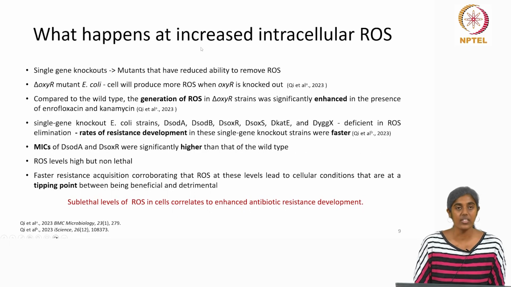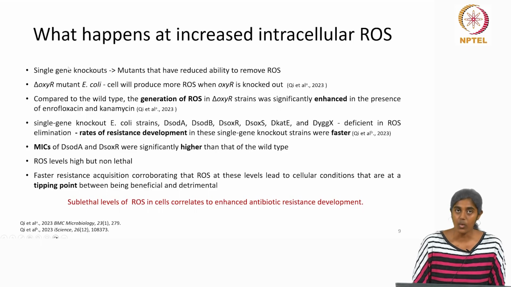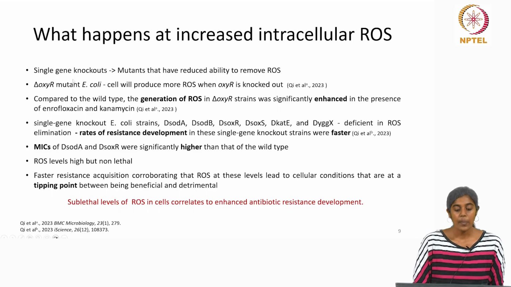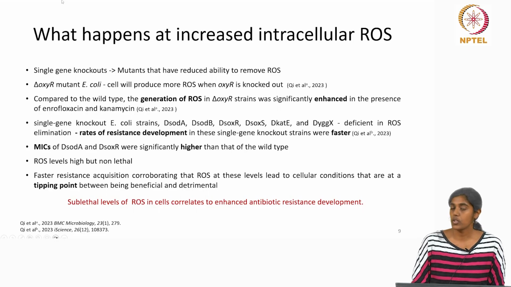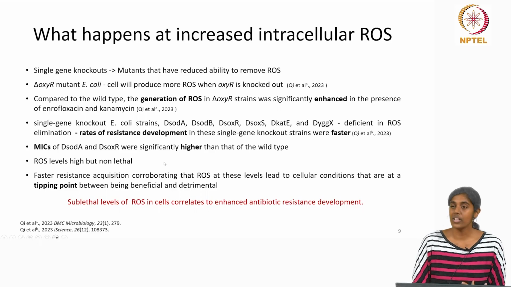In case we increase the intracellular ROS level, this has been experimented with using single gene knockouts. Mutants such as the OxyR mutant, which is responsible for the regulation of antioxidants, and knockouts of superoxide dismutases and catalase, all show a similar increase in the rates of resistance development, and also an increase in the minimal inhibitory concentrations.